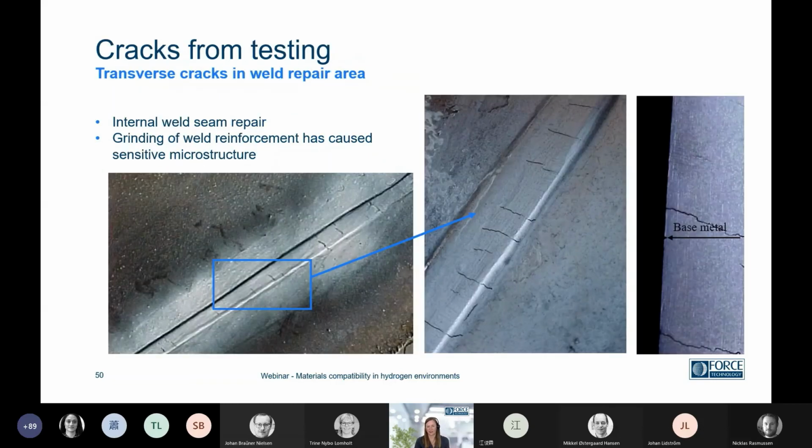And the reason why this was inspected was that weld repair had occurred. This is really a focus area, because when you weld, if you grind, you have the risk of forming very hydrogen sensitive phases. And this was the case here. We have cracking along the entire weld. To the right, you see a cross section with cracking.